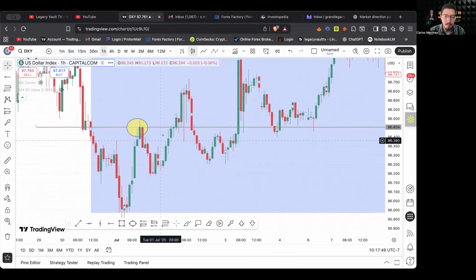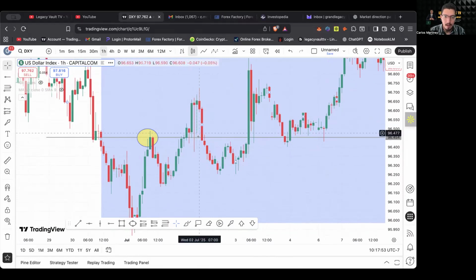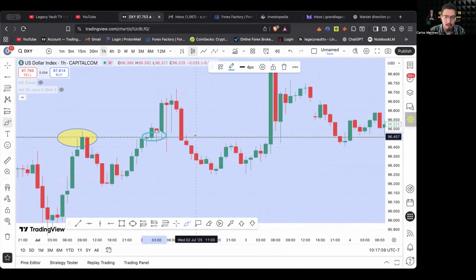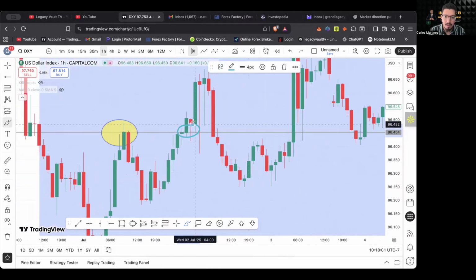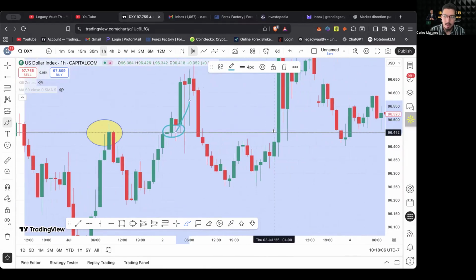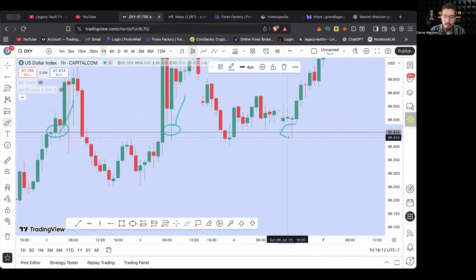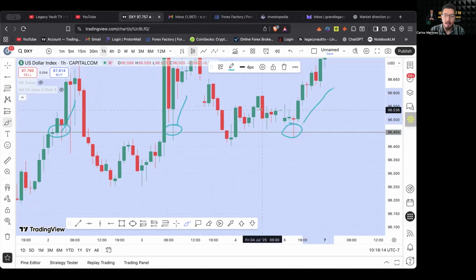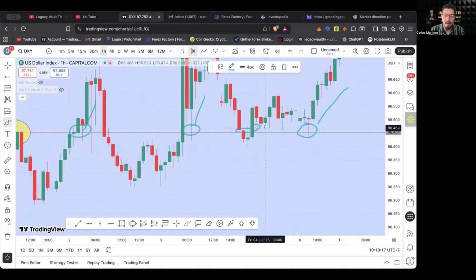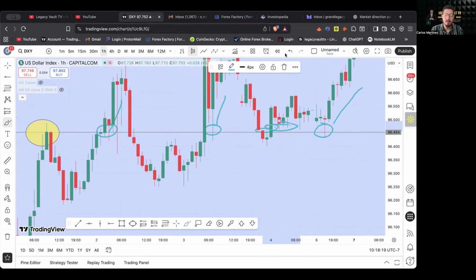Now this high broke above and it came back down to retest. You see here, it came down to retest, because it reacted around this price level and it bounced up. It reacted around this price level and bounced up again. You see, this is an example of a retest.